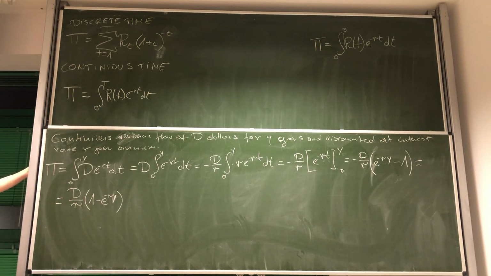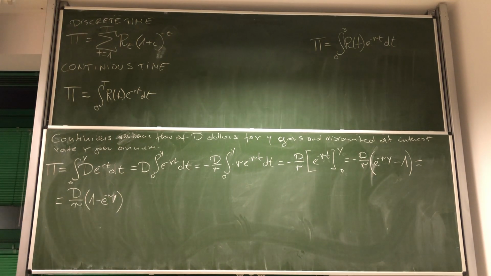Okay, and look, this formula will actually allow us to calculate the present value of this continuous revenue flow, constant revenue flow of $d quite easily.